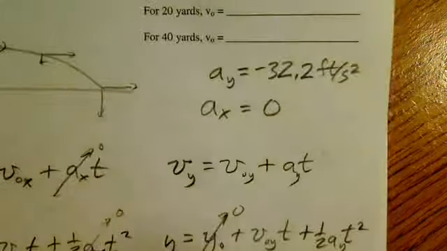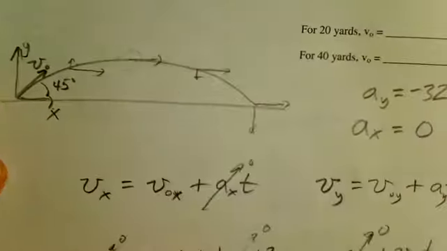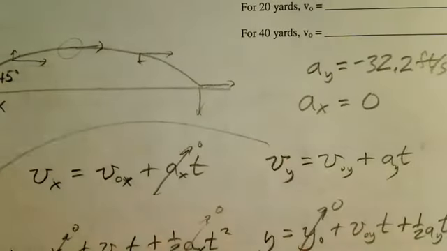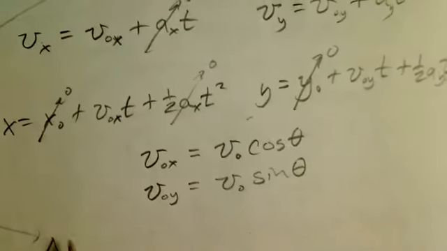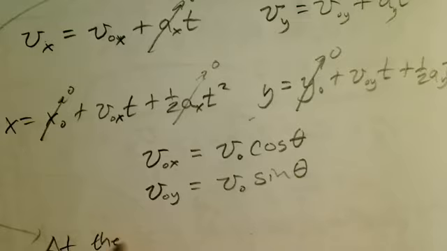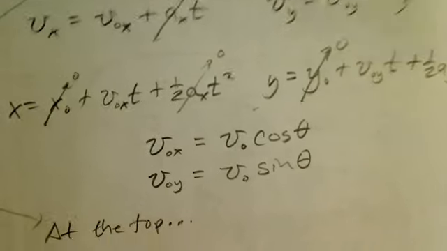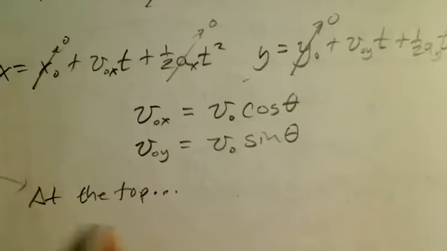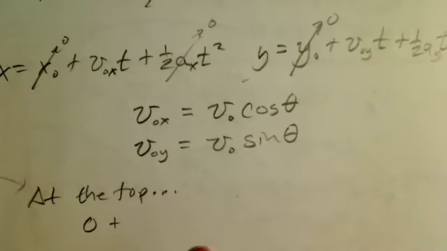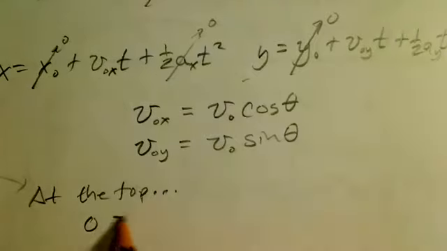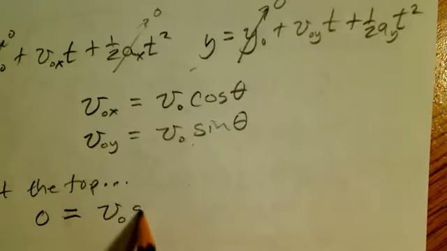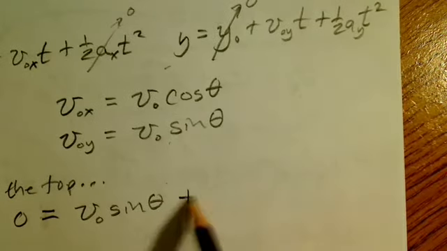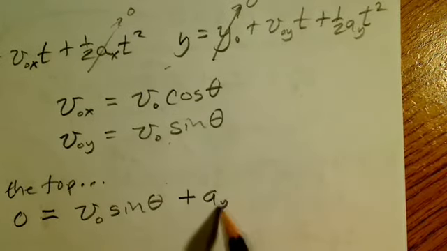What we can do is play our game here at the top, though. Maybe we'll get somewhere with that if we say at the top. We'll see what we can get out of this. At the top, the y velocity, as we see in our sketch here, is equal to 0. So 0 equals v naught y, which we said is equal to v naught times the sine of theta, plus a_y t.